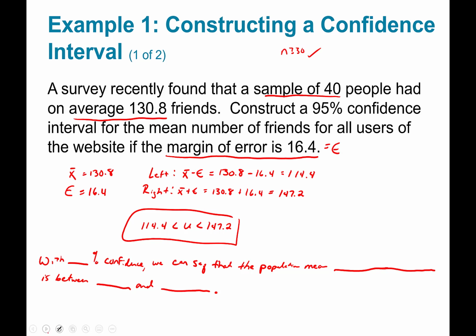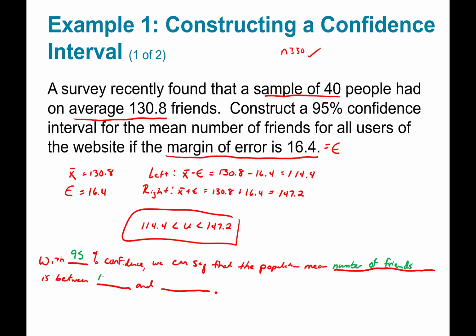So in this case, with blank percent confidence, so in this case with 95% confidence, we can say that the population mean, so what is our variable? In this case, number of friends, is between blank and blank, so the values of your confidence interval.